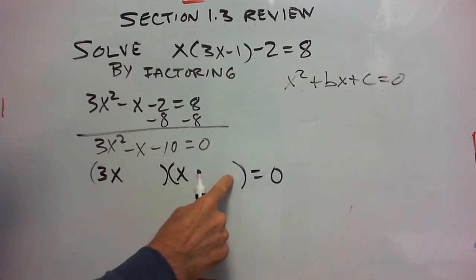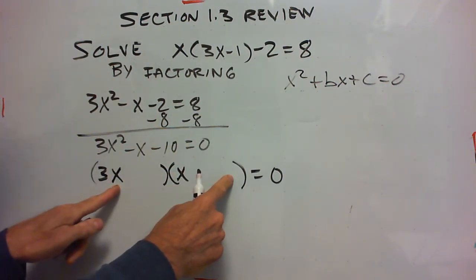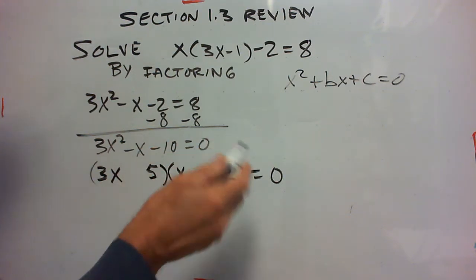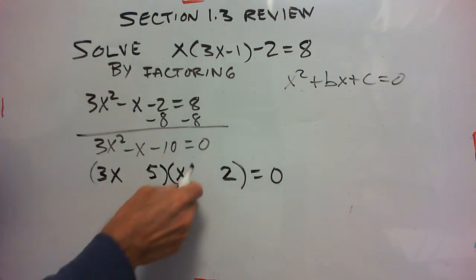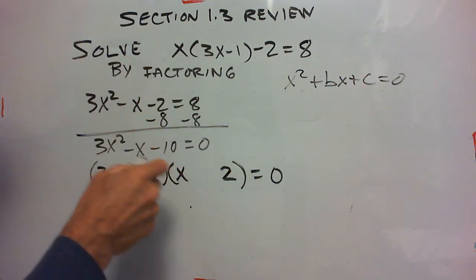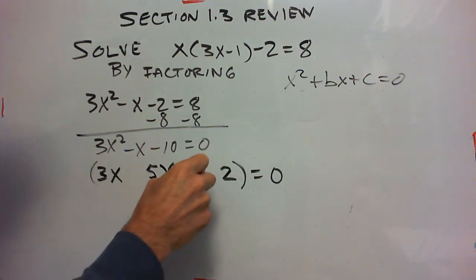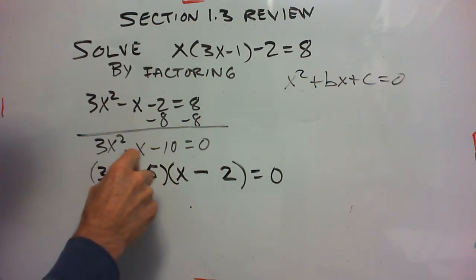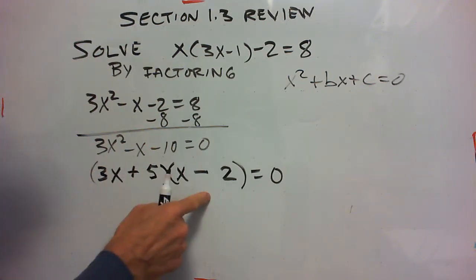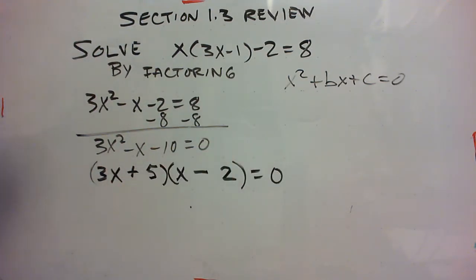The 5 can't go here because we'll multiply by 3 and get too many x's. So the 5 has to go here. The 2 has to go there. Now we just figure out which plus and which minus goes where. We want minus 1x, so we're going to want a minus 6x, a plus 5x. And there's the factorization. So for a lot of these, doing it this way is an easier way to factor.